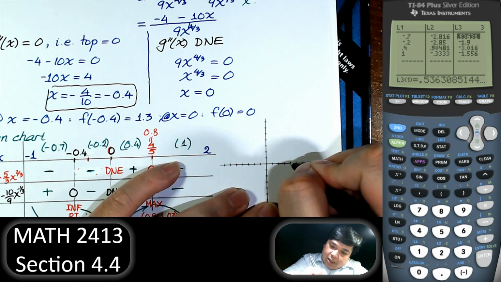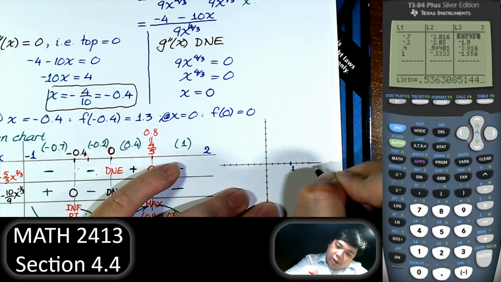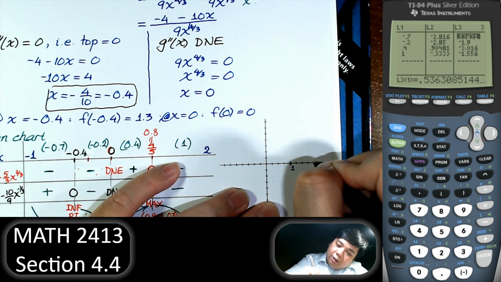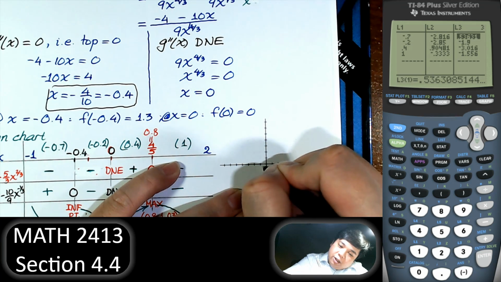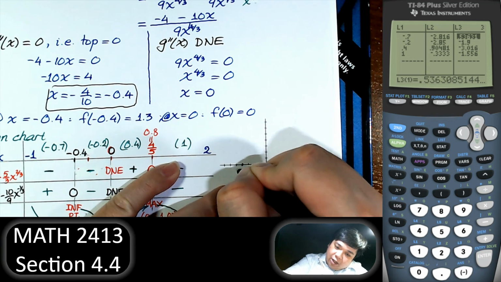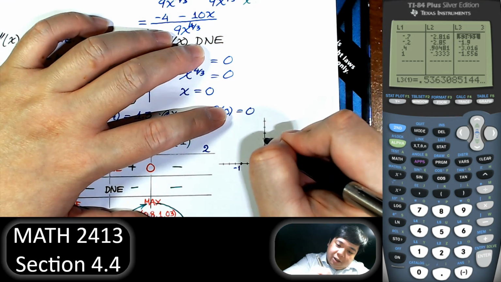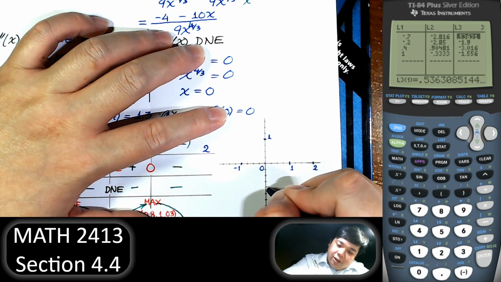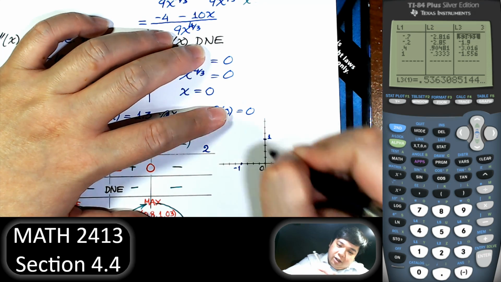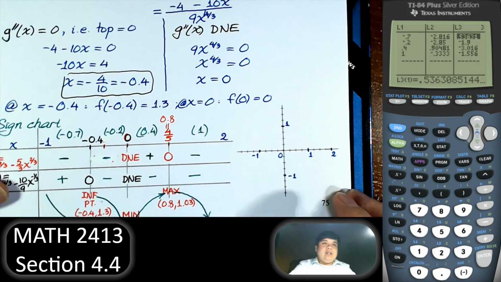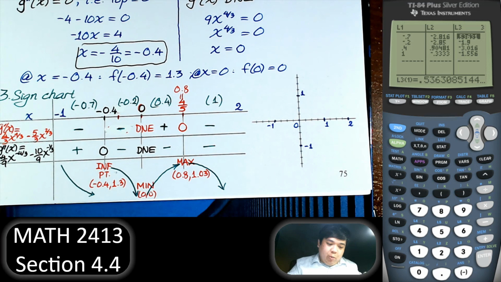Okay, let's say this is 1, that is 2, 0, and negative 1. Same thing, 1, negative 1. Alright, now just try to put the points first.